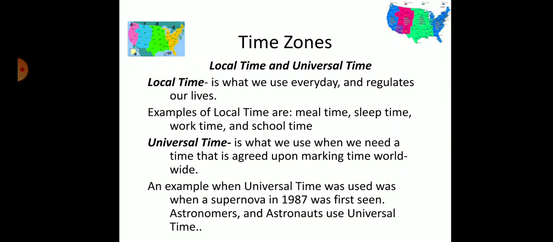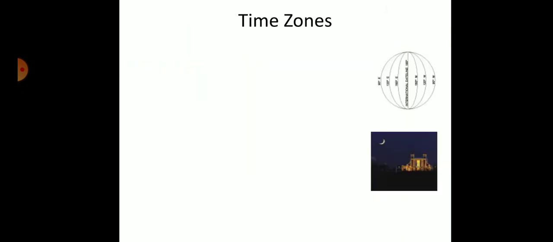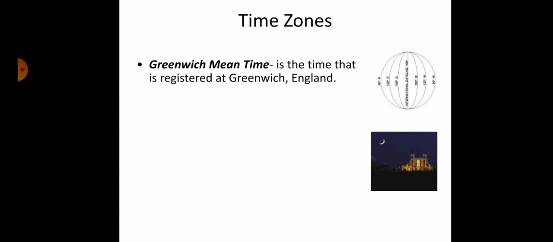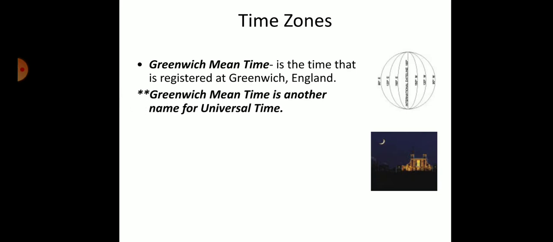Astronauts use universal time. Greenwich Mean Time, or GMT, is the time registered at Greenwich, England. Greenwich Mean Time is another name for universal time.